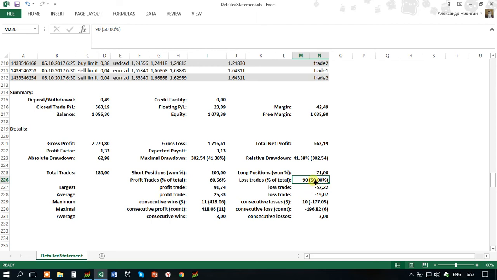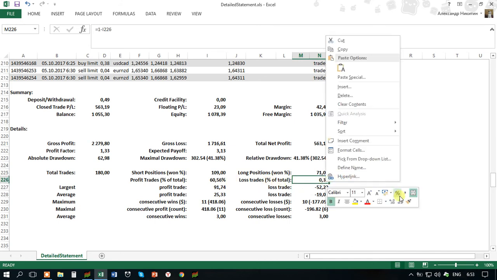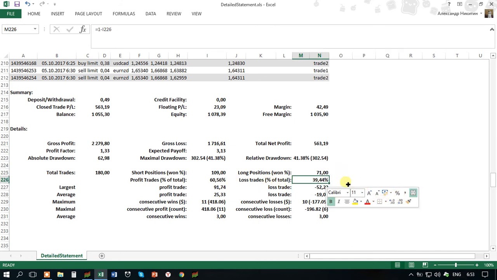How do I know my accuracy of losers? How often do I lose? It equals 1 minus the winners. Okay, turn it into percent. Done. So my strategy is both. Look at this. 60% of the time I have a winner, and 39% of the time I have a loser.